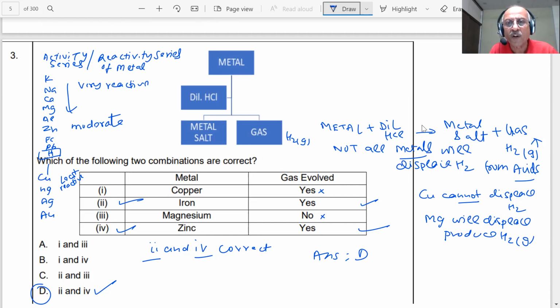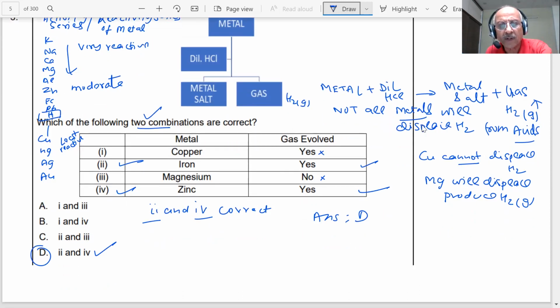The answer is the gas evolved. In which case will the gas be evolved? In the case of zinc and in the case of iron. Copper is less reactive, so it will not. Magnesium also evolves a gas, but here it says no. Therefore, the only combination which is correct is 2 and 4. Therefore, D is the correct answer.